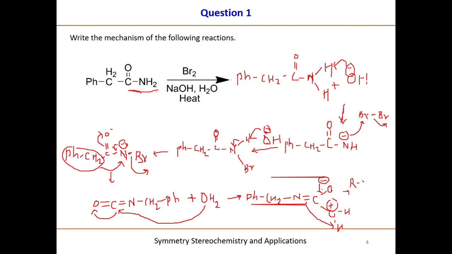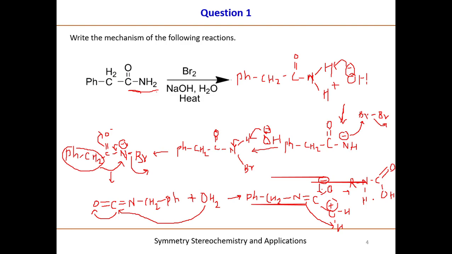Just understand R is nothing but the phenyl and CH2 group, and this is NH which I have written here, and then this carbon will have a C double bond O here and COH here, correct? So this is nothing but the carbamic acid formation that takes place in the third step.